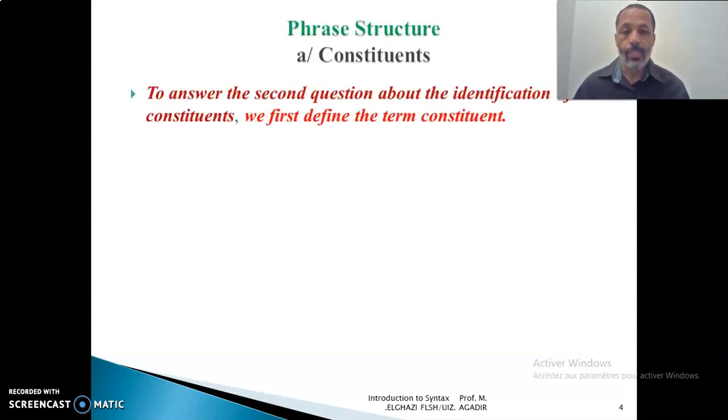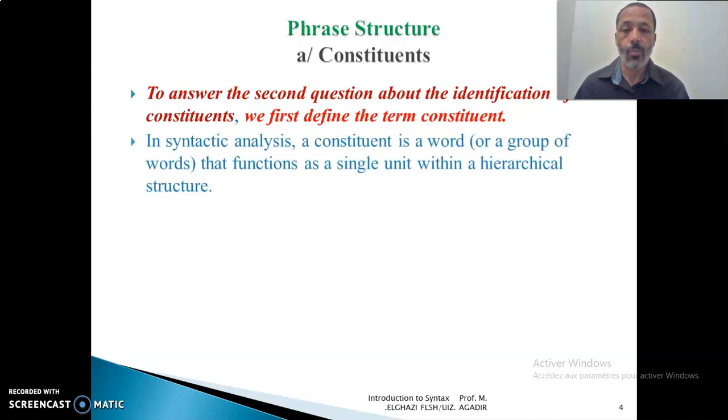The second question, which is about the identification of constituents, we first define the term constituent. What's a syntactic constituent? In syntactic analysis, a constituent is a word, it can be a word or a group of words that functions as a single unit within a hierarchical structure. When we say functions as a single unit, we have seen before in our previous lectures what a syntactic function is.